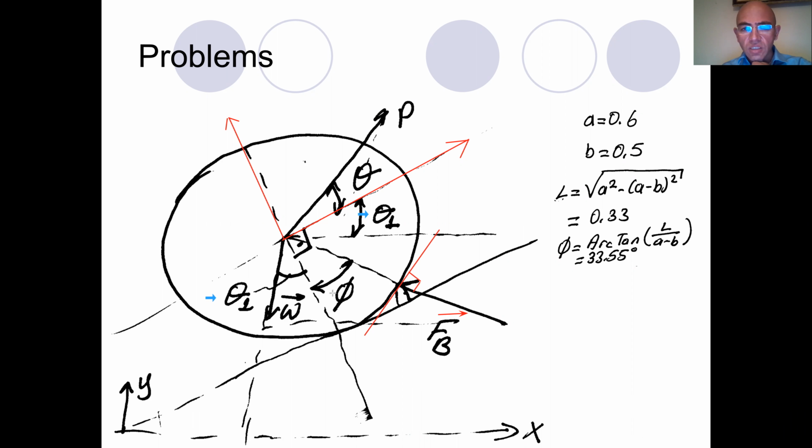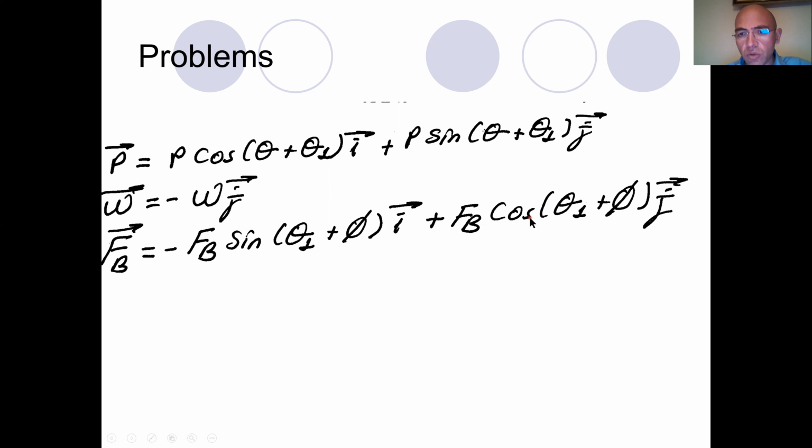Now, if this angle is θ1, if this is phi, certainly the x component is FB multiplied by sine θ1 plus phi, and it is in the negative direction, so it is minus FB multiplied by sine θ1 plus phi, i vector, plus FB, this is the y component, FB multiplied by cosine θ1 plus phi, j vector.